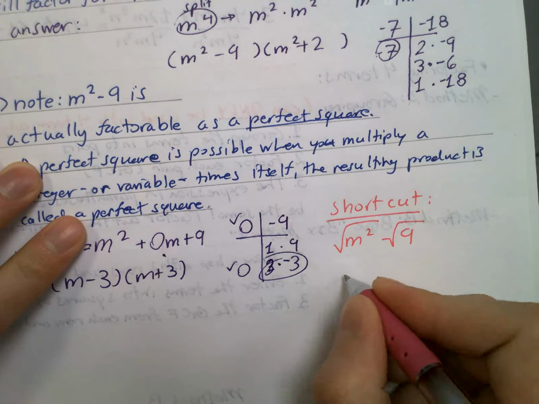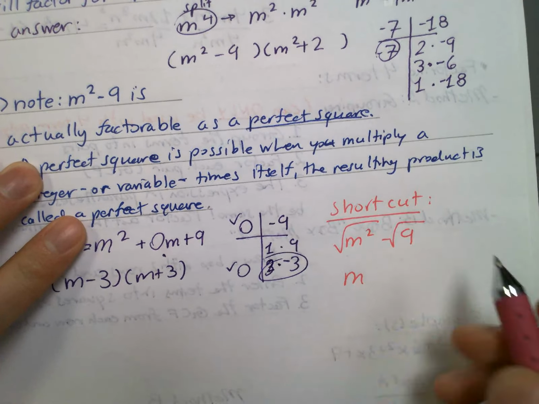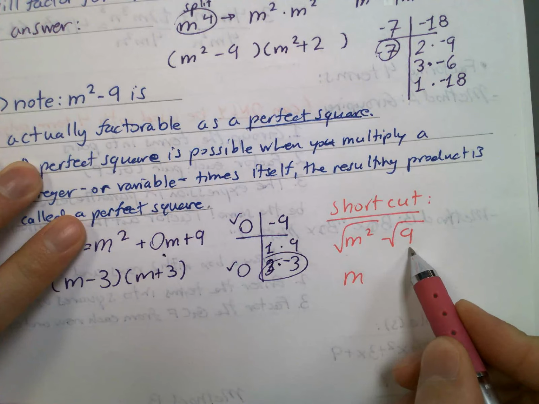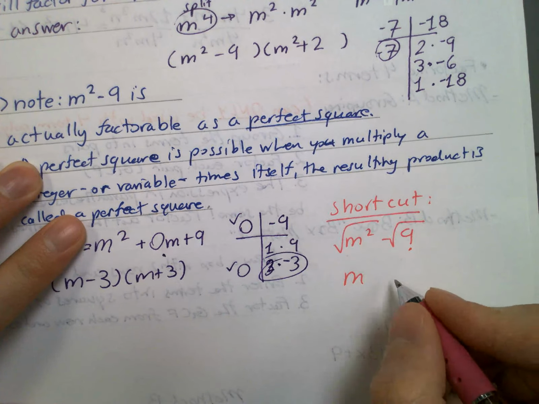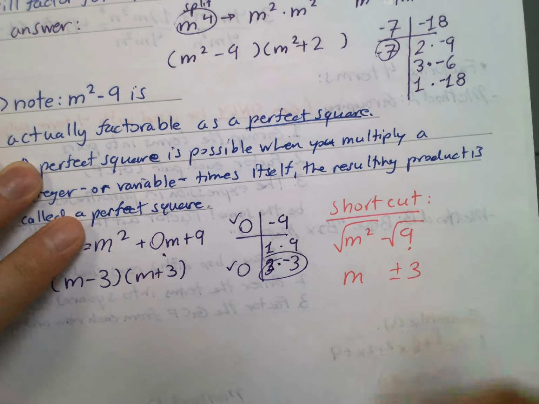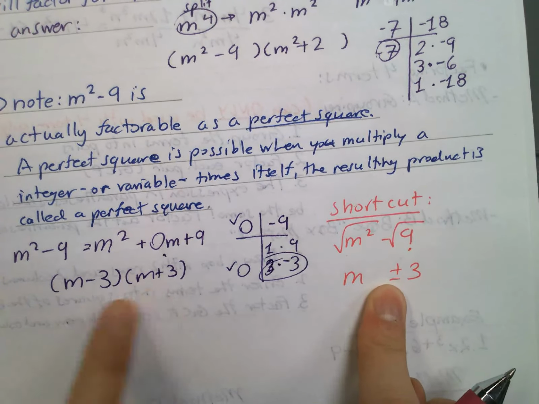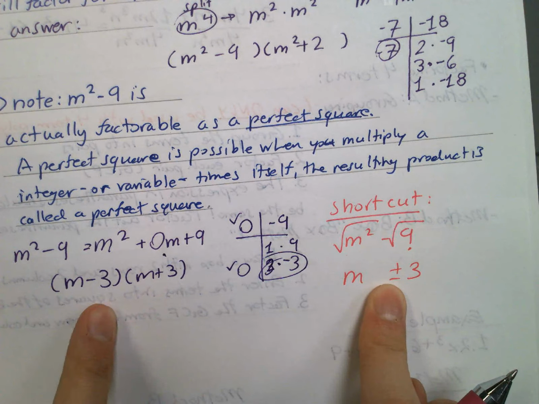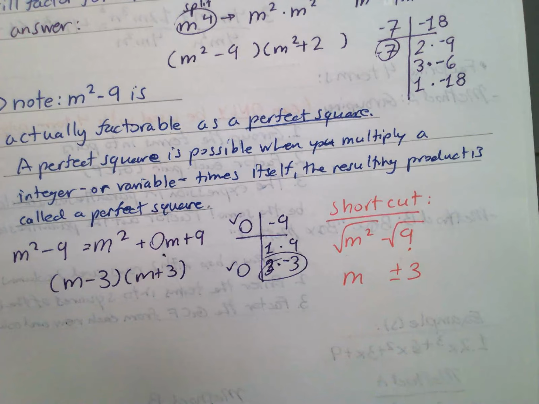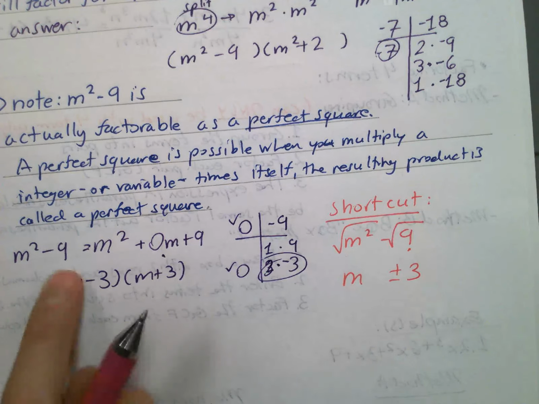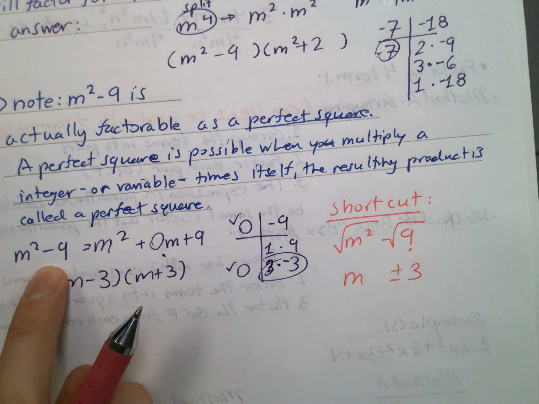Well, it's m times m, so it's just going to give me m. And the radical of 9 is 3, plus or minus 3. That's why there's two of them. Does that make sense? There are 2 zeros with every single square, meaning I can plug in a -3 or a +3. Why? Because when I plug them in, I'm going to get 0 back out regardless.